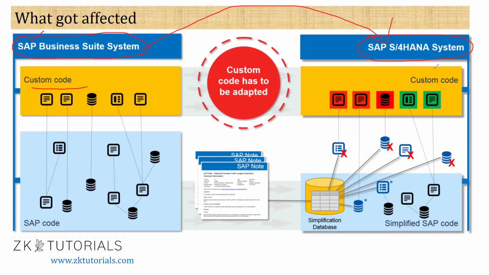Listen guys, please make a note. Whenever SAP was making these changes, they were removing some tables, some programs, and some fields in tables. They noted all those changes down somewhere. They noted all those things in one place, and this is called the simplification database.